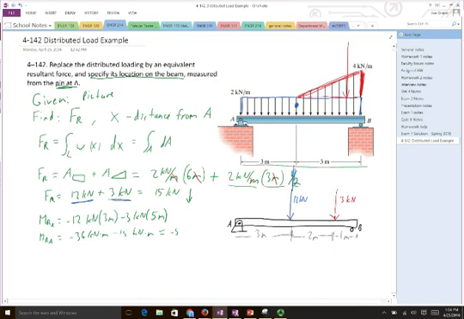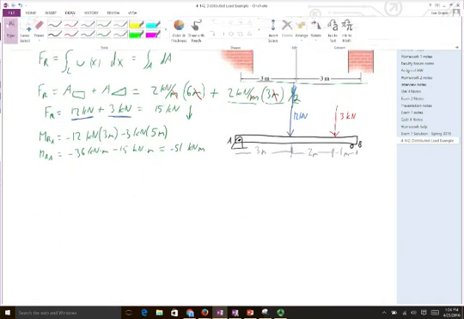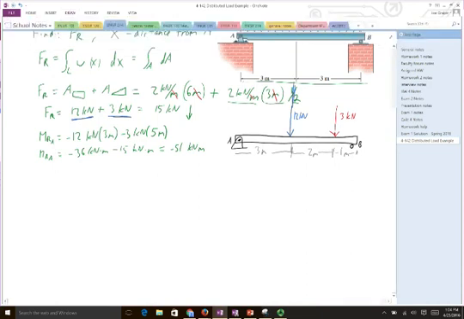Just negative 51 kilonewton meters. Okay, so we figured out the moment. Now, if we wanted to, we can make an equivalent system. This will be our second equivalent system.